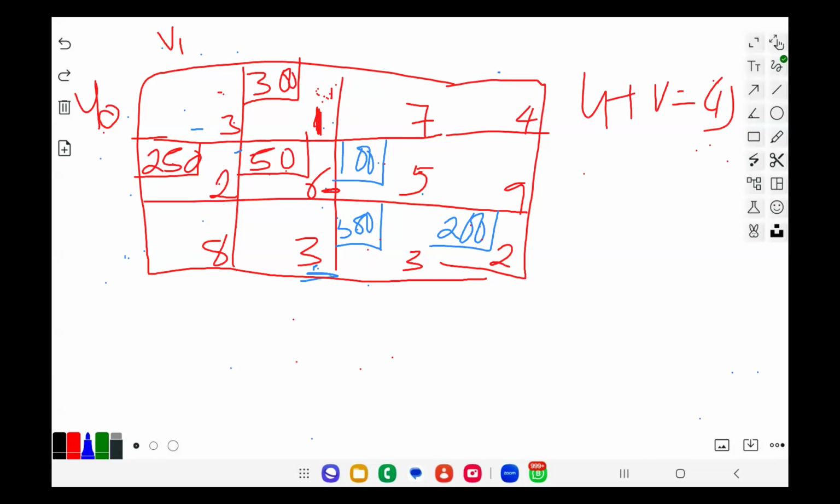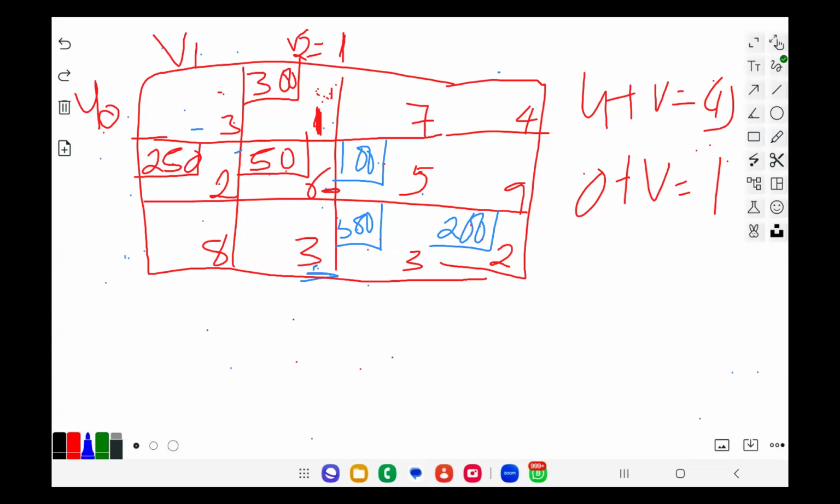So you say U is 0 plus V equals 1, which means our V will be equal to 1, right? Then when you get here, there is no V1 yet. We just have V2. V2 is equal to 1.